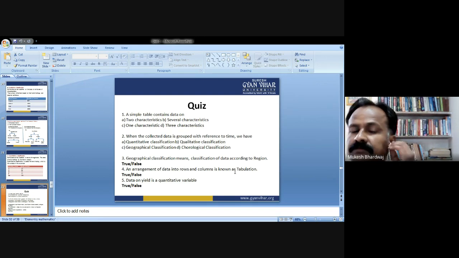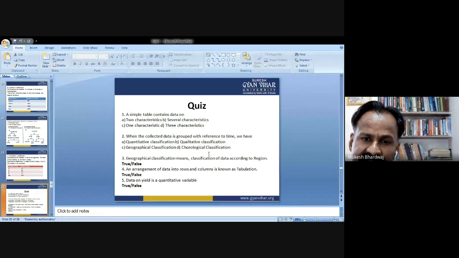Now we come to the quiz. I'm asking the question and you need to give the response based on what we have covered till now. A simple table contains data on: first option, 2 characteristics; several characteristics; 1 characteristic; 3 characteristics.